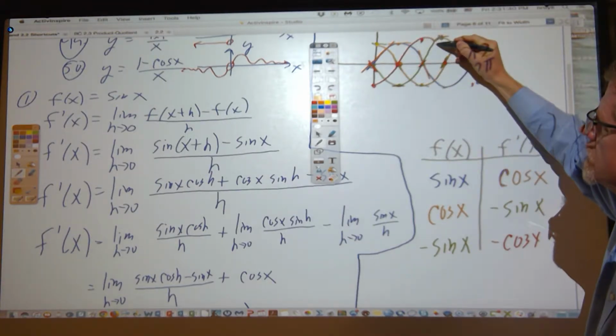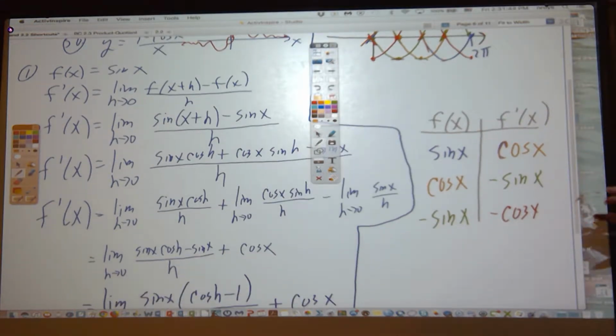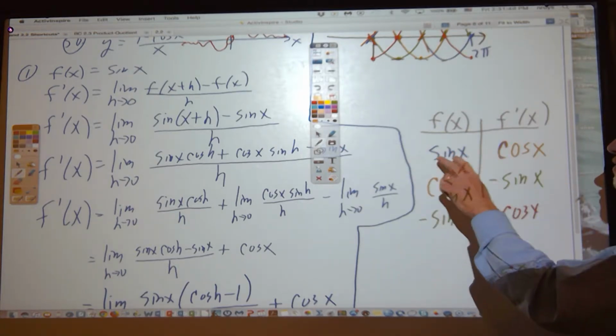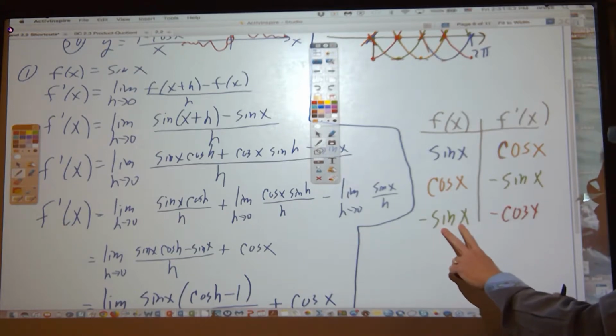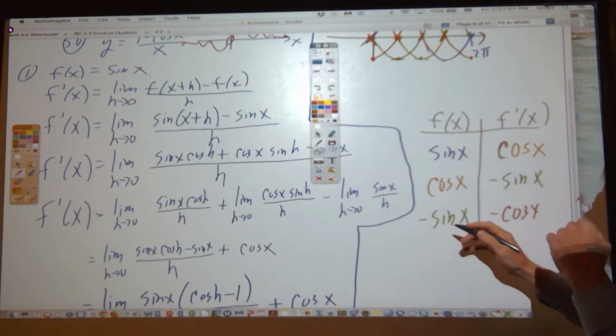We could prove it using the algebraic approach, but yeah. Truth is, it's got to be the case, because if the derivative of sine x is cosine x, then the derivative of negative sine x is going to be the opposite of that. You can just treat -1 as a scalar multiple, it comes out front.